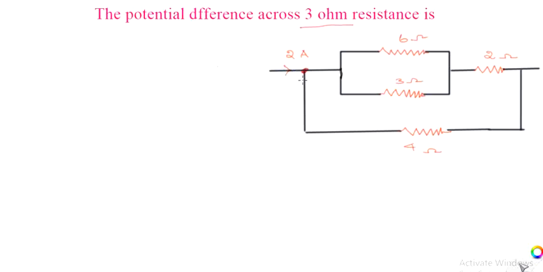Let us name this junction A, and let us name this junction B. 2 ampere current enters at A, and it divides into 2 parts, one along this part and one along this part. We don't know how much is entering here and how much is entering here.